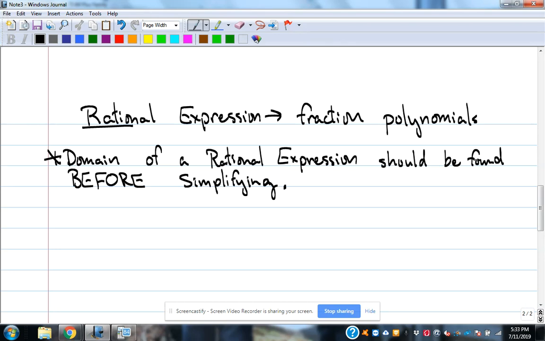But the domain, if it asks for the domain, you got to find it before you simplify. Because if you don't, you'll lose a few pieces possibly out of that. And with a multiple choice type situation, one of the answers is going to have the ones that are supposed to be there, and then one of the other answers is going to have the ones if you forgot some, or if you simplified first. So that's going to be the case.